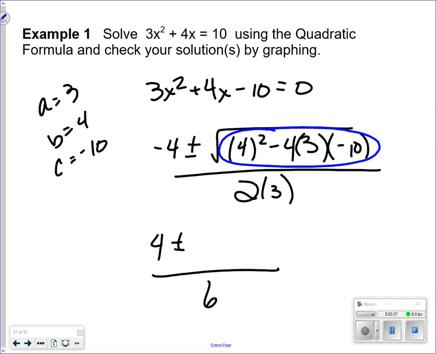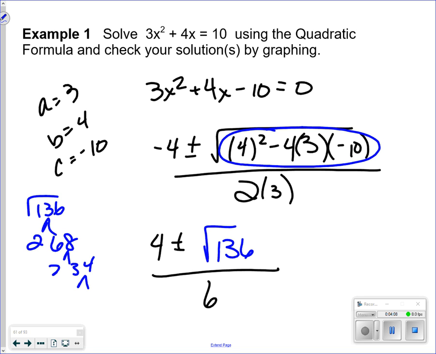So when I take 4 squared minus 4 times 3 times negative 10, I'm going to get 136. I'm going to double check myself there just in case I made a mistake doing it in my head. Nope, 136. So now, what is the square root of 136? It's a decimal, so now I need to simplify. 2 times 68, 2 times 34, 2 times 17.